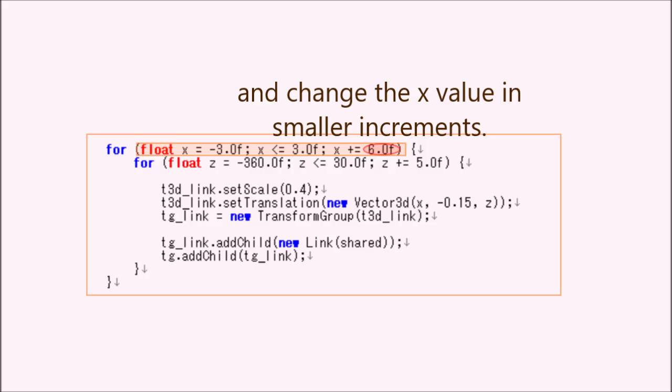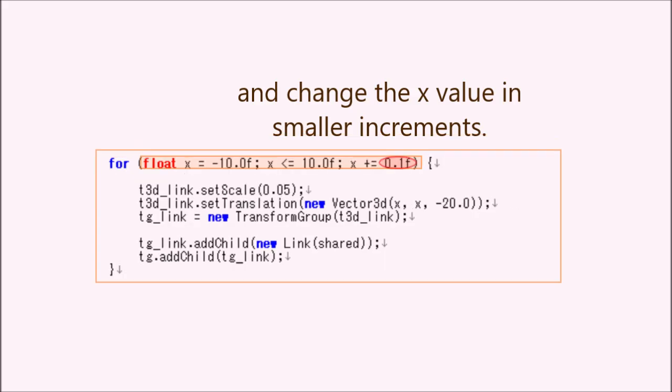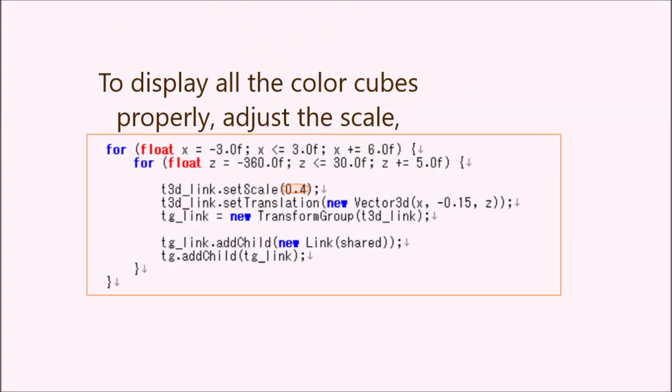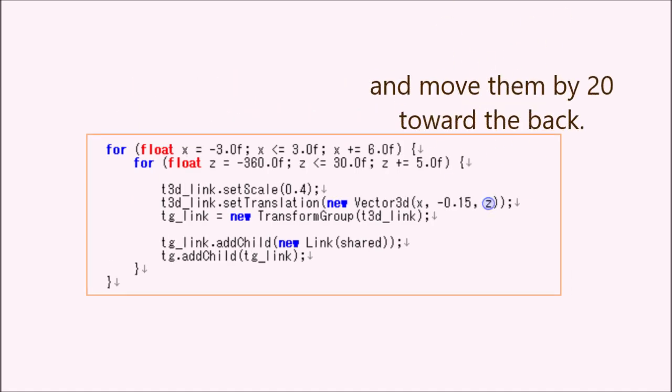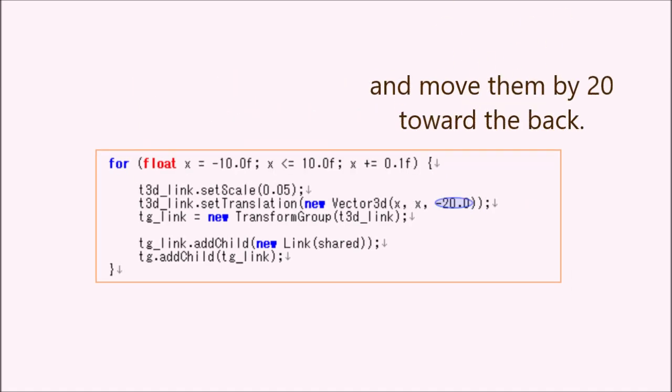And change the x value in smaller increments. To display all the color cubes properly, adjust the scale, and move them by 20 toward the back.